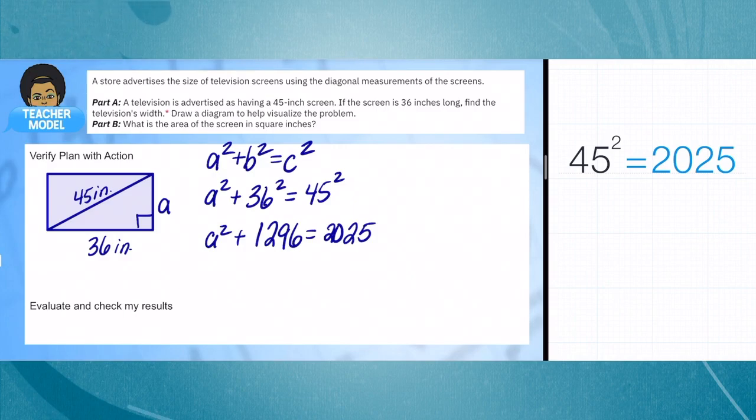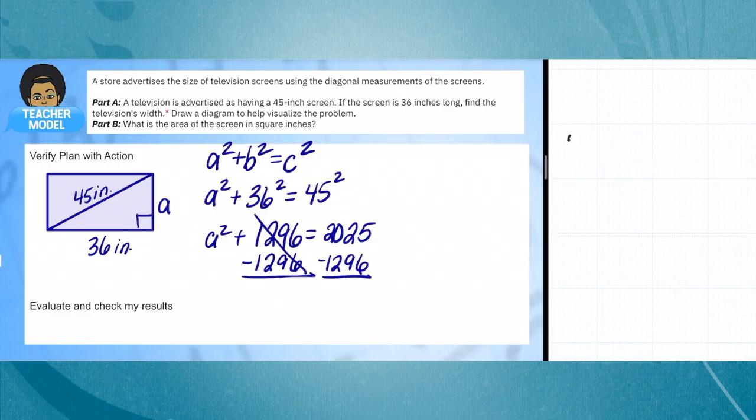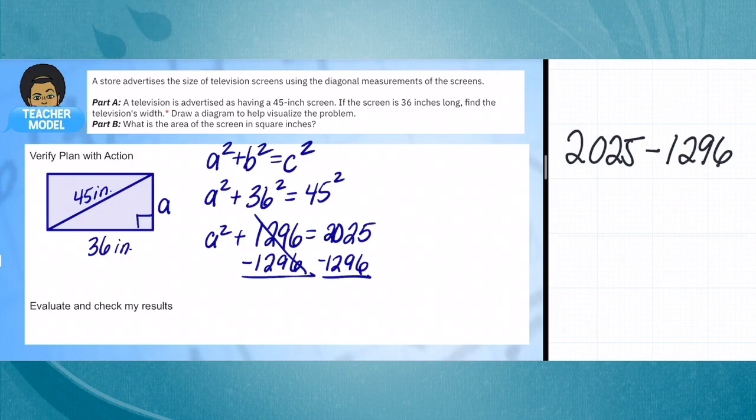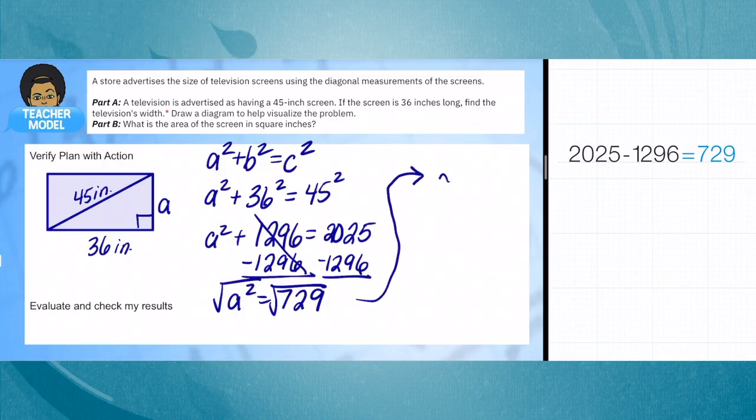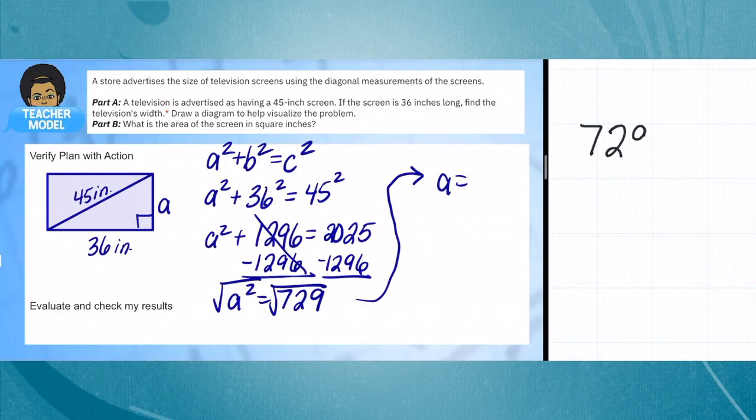Okay, let's isolate just to get the A by itself. 2025 minus 1296 is 729. A squared is equal to 729. If you want to get A by itself, A is equal to the square root of 729, or 27.